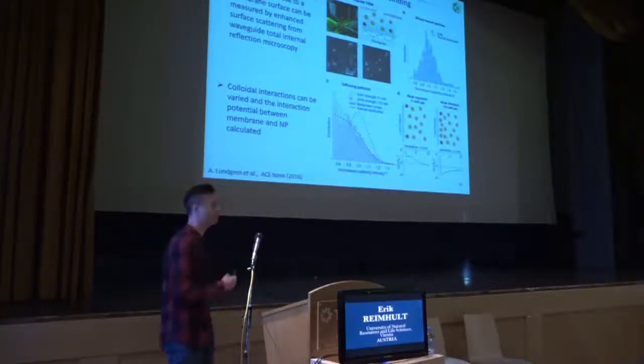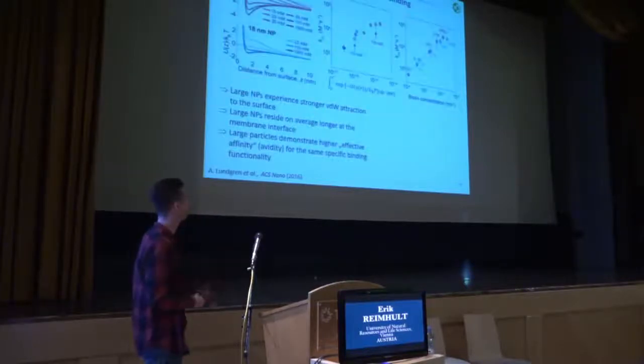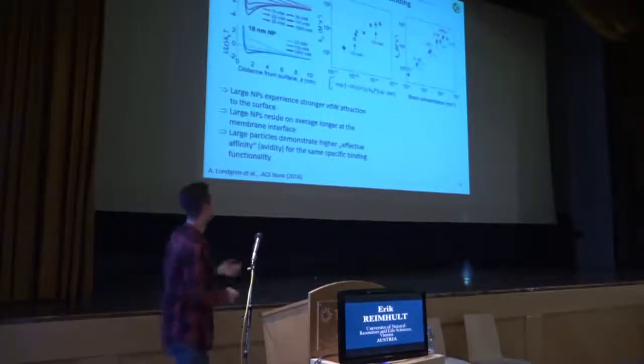And from that calculate histograms from which we can then calculate the colloidal potential that they have interacting with the surface. And of course measure that this is different for the two different particle sizes, as it should be.